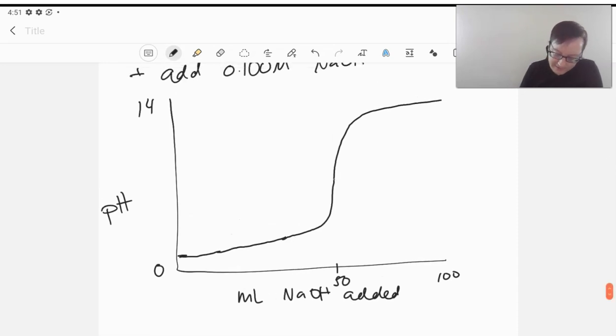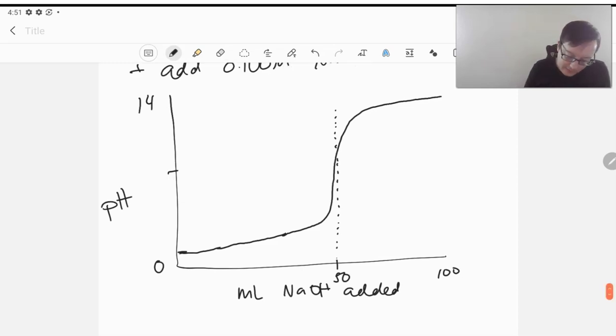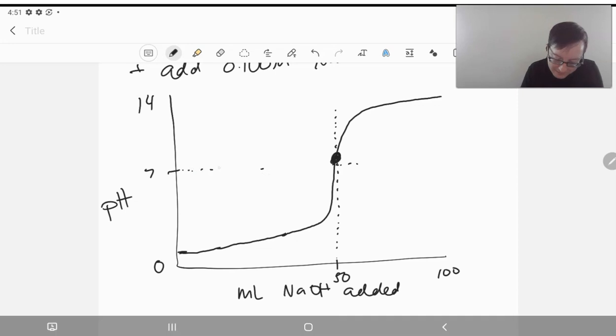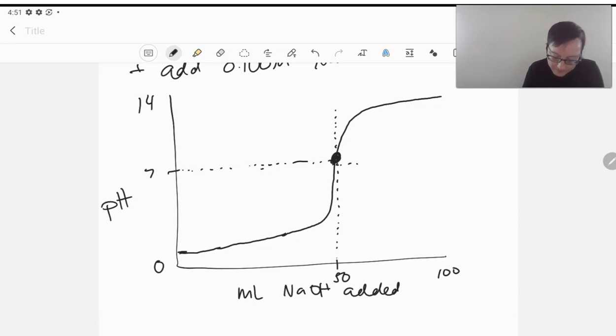But the point is, notice some patterns here. We're going to be looking at a few key points along our titration. The first one that we probably will notice is that 7 clearly is right up here. We'll just kind of fake it.